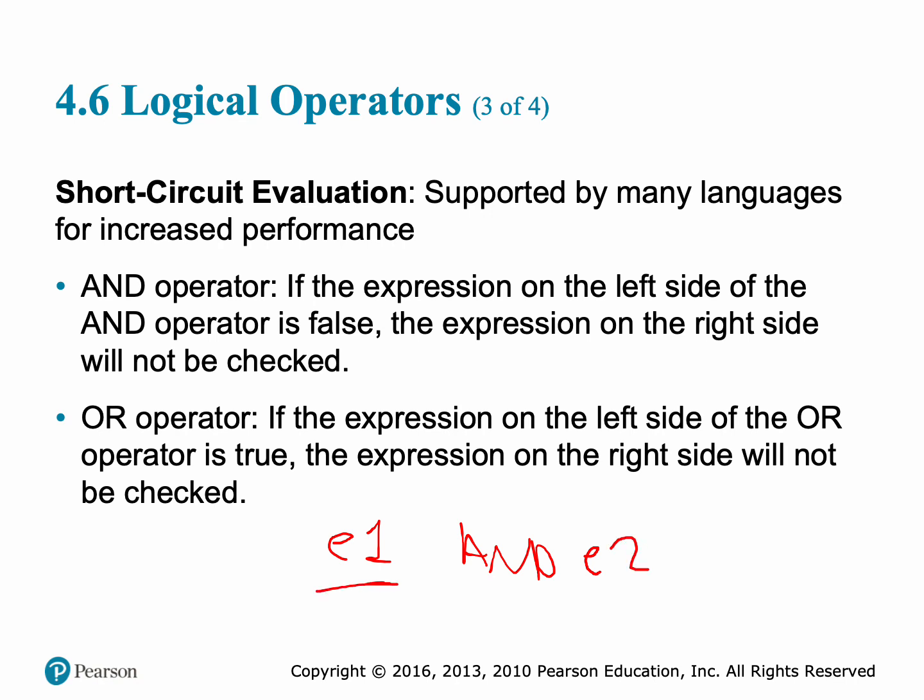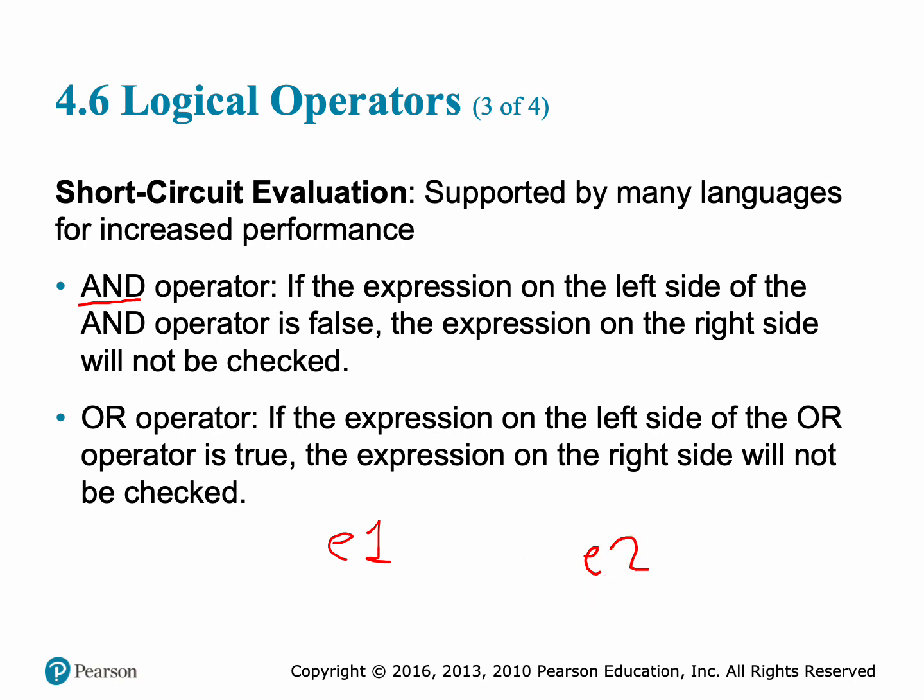If expression 1 is evaluated to false, then we will not even check expression number 2, because remember, when we're using the AND operator, both of the expressions have to be true for the whole AND expression to evaluate to true. So if the first one is false, we are not even going to check the second one, because the whole thing will automatically be evaluated to false.